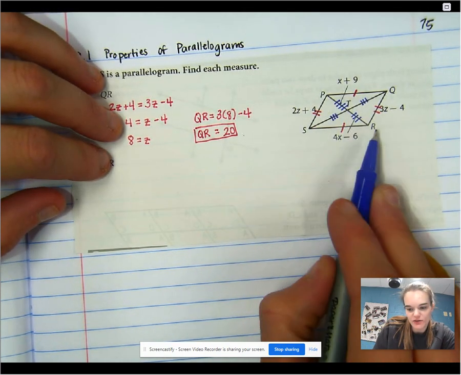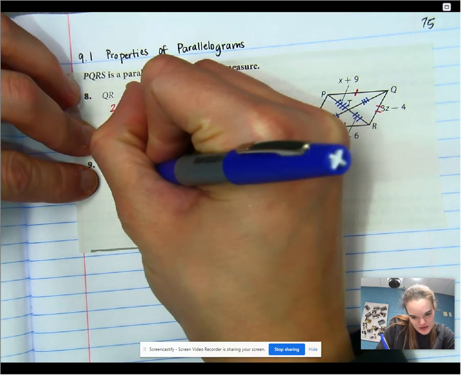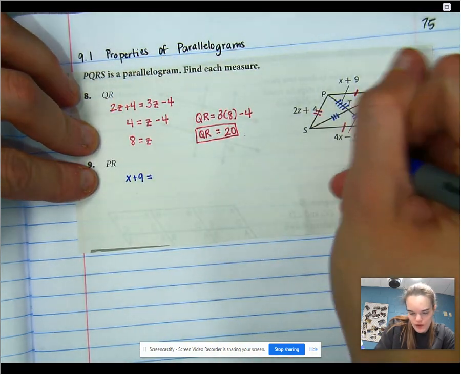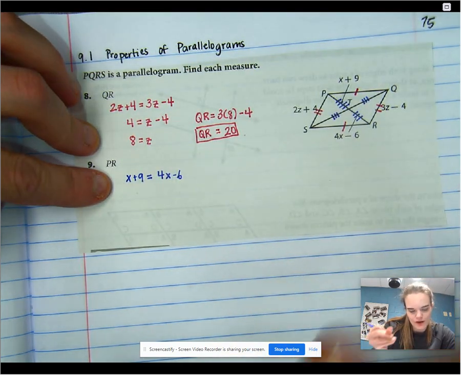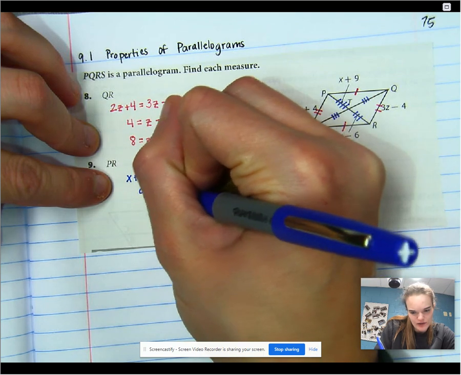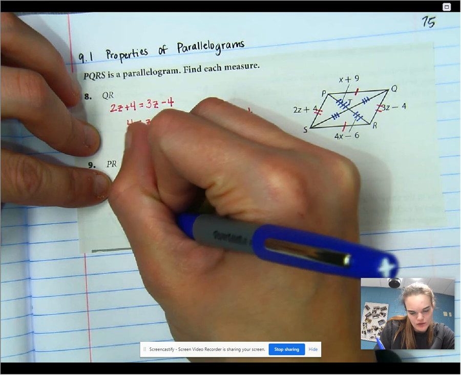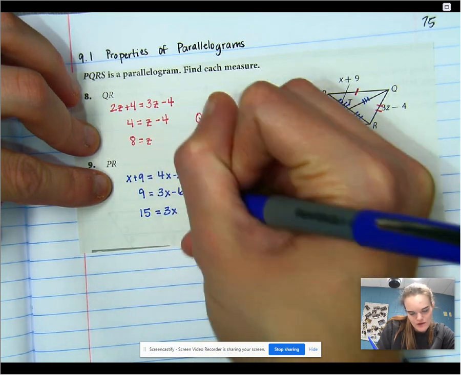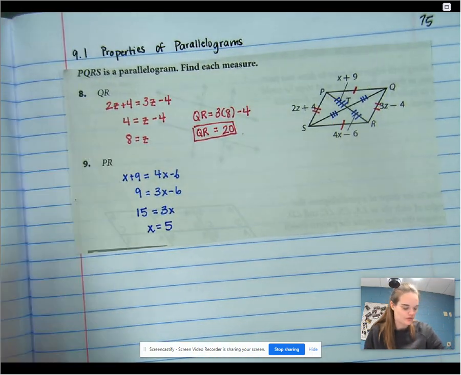So PT is congruent to RT, so x plus 9 is equal to 4x minus 6. Move over this x, so 9 equals 3x minus 6. Add 6, 15 equals 3x. Divide by 3, x equals 5, or 5 equals x.